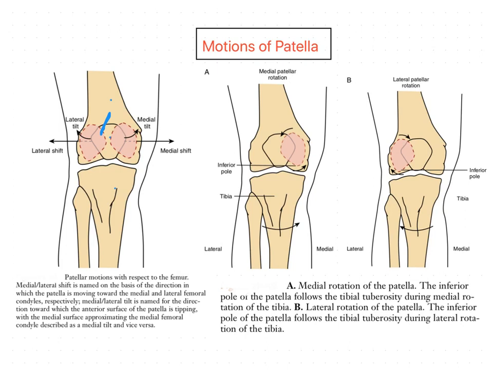So the motions of the patella are based upon the relative movement between the femoral, tibial and the patellar surfaces. The motions of the patella are divided into patellar flexion and extension.